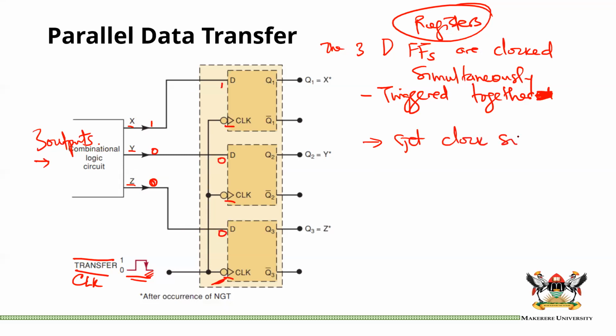If I get my clock signal, what happens? Can somebody answer that for me? If this is the state at the inputs of the D flip-flops, 1, 0, 0, when I get my active clock transition, which is the NGT, which actually triggers all the 3 flip-flops simultaneously, what will happen?